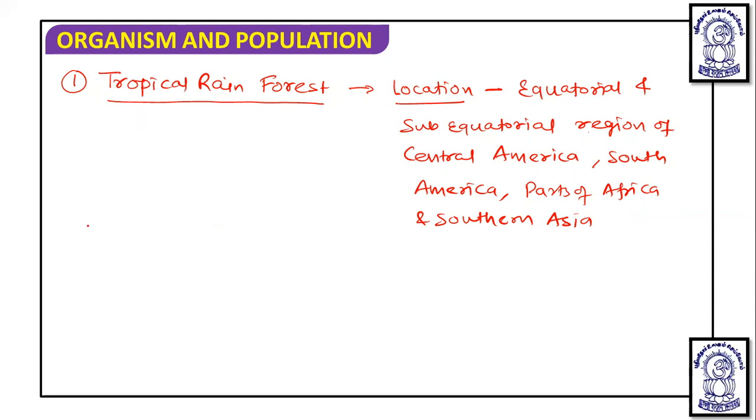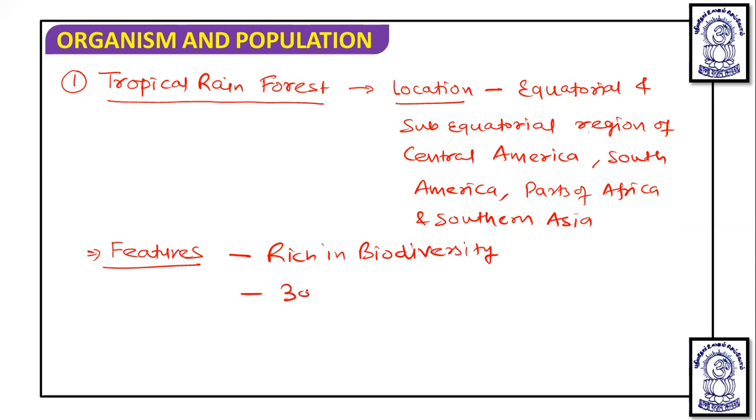Now we are going to talk about the features of tropical rainforest. These tropical rainforests are rich in biodiversity. Here, 30 to 40-meter tall trees are seen. They have buttress roots, which means roots that are somewhat above the level of soil.